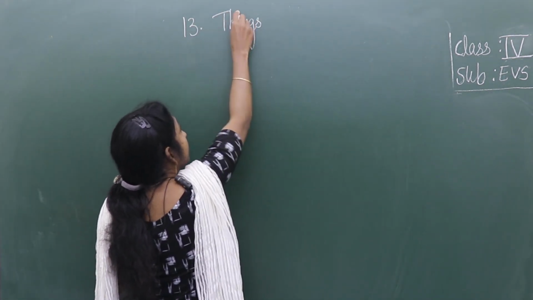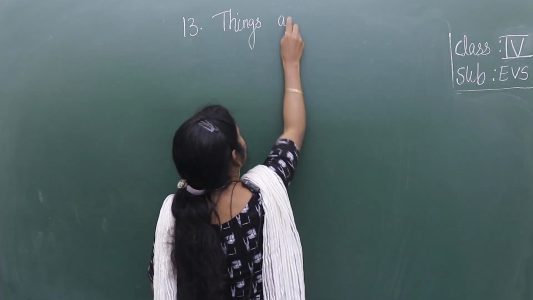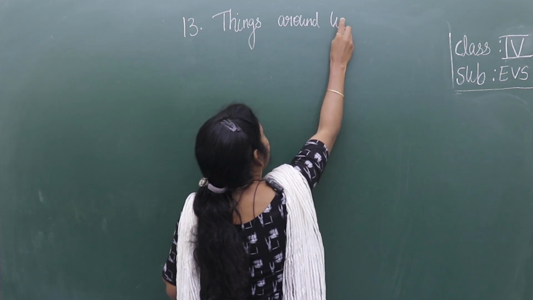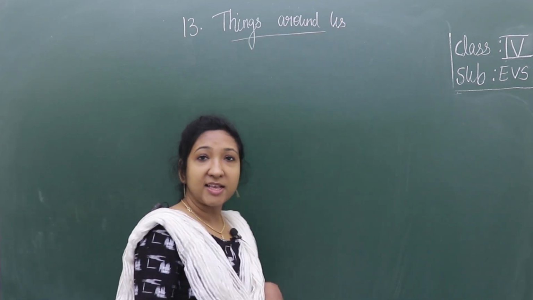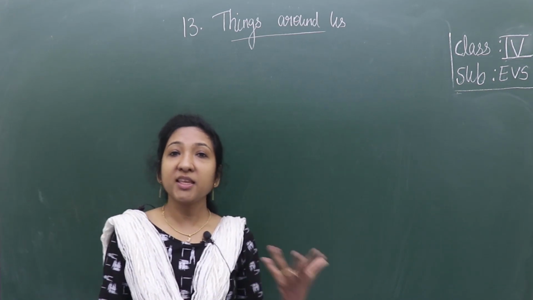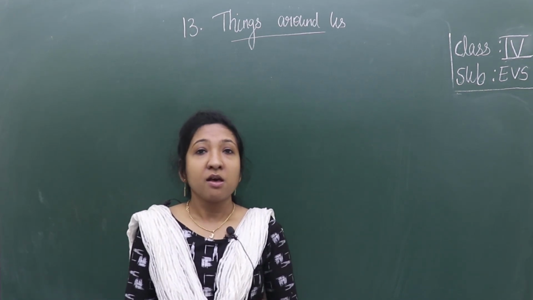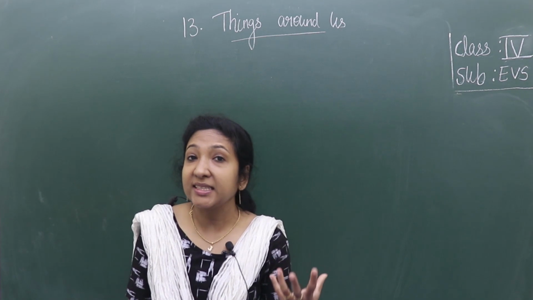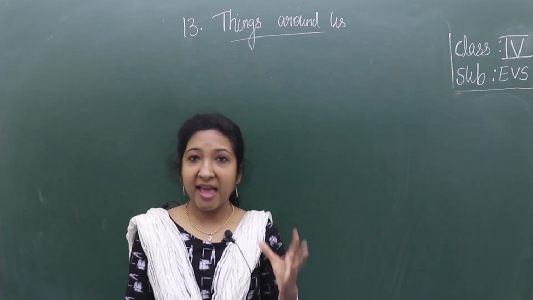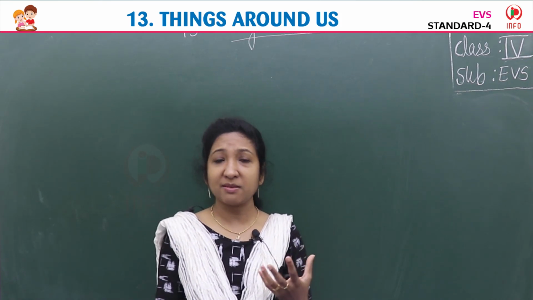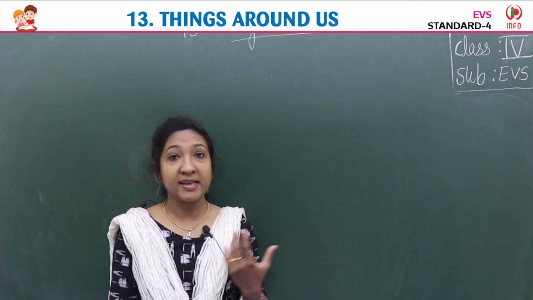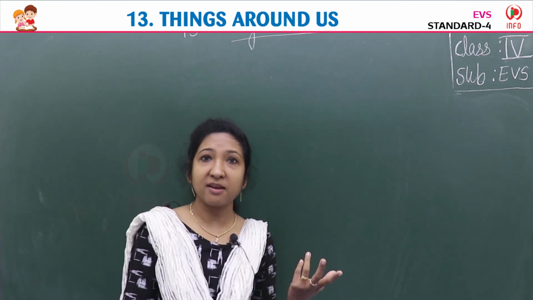Things around us. So there are many things around us where we are living, isn't it, children? Among these things, some things are made by man, made by human beings. Like chairs, tables, pencils.